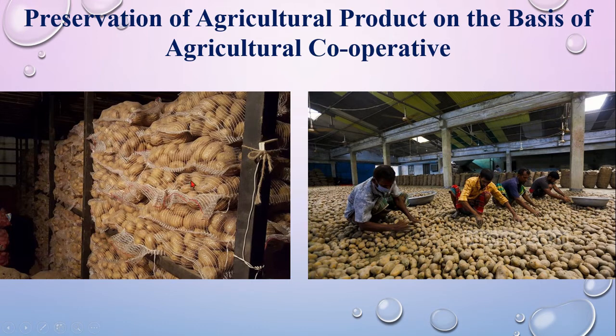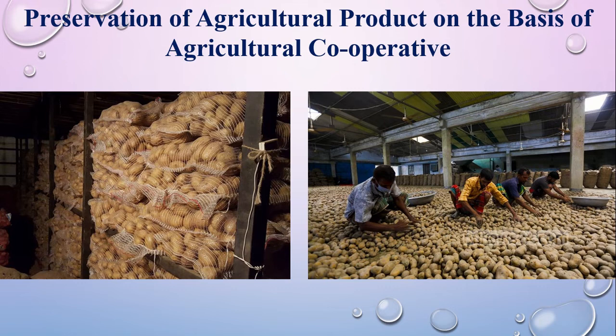So if they build a cooperative, then 10 people or 5 or 20 people can preserve their potato in that storage, so they can easily rent the storage. This is the helpful activity of the agriculture preservation cooperative.